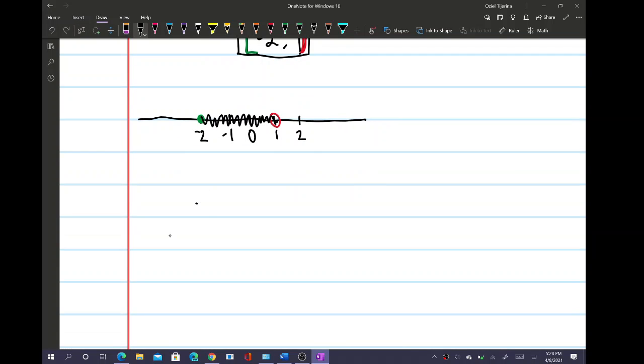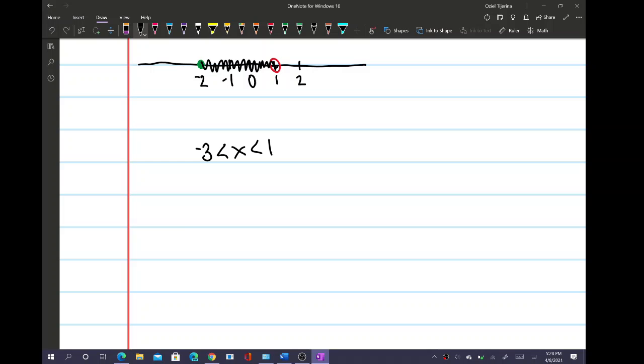But if I had like -3 is less than x is less than 1, this would be an open circle at -3, right? And then an open circle at 1, and then just shade in between. And this would be x, right? All real numbers x.